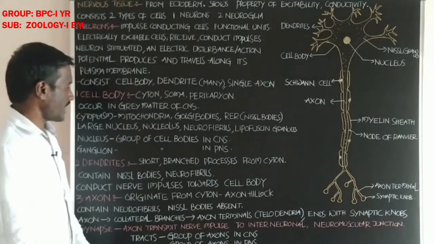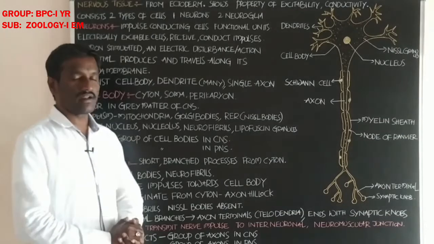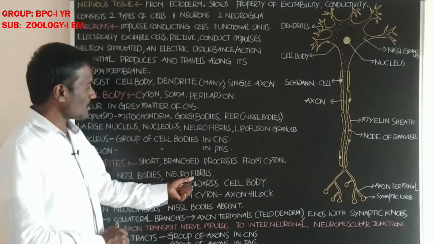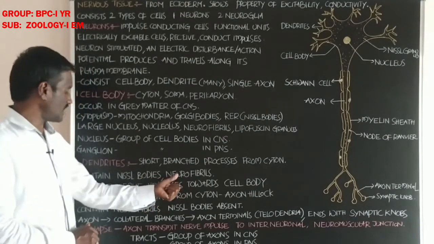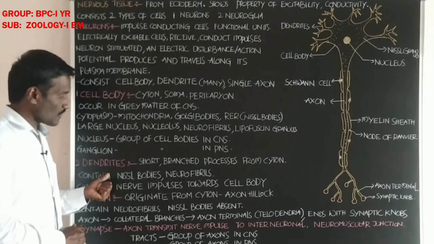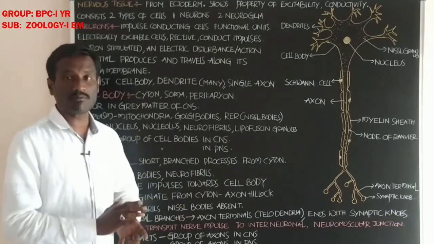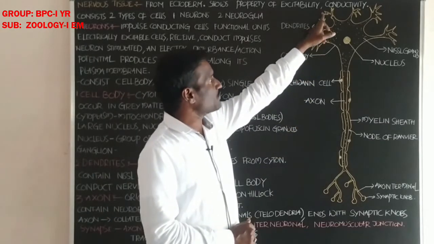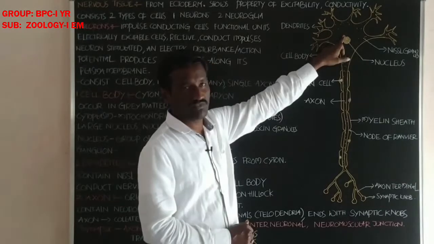Dendrites contain Nissl bodies and neurofibrils. Next, dendrites conduct nerve impulses towards the cell body. Students, the nerve impulse is transmitted towards the cell body.